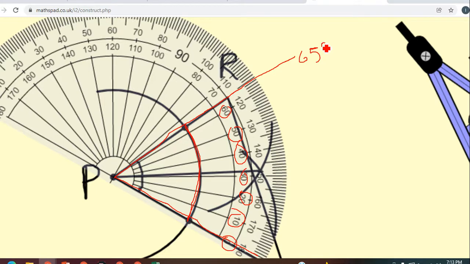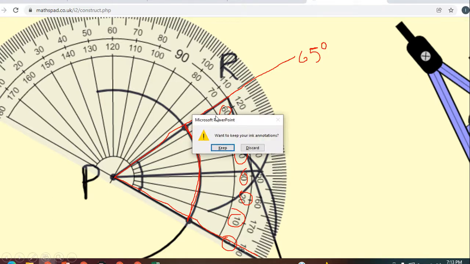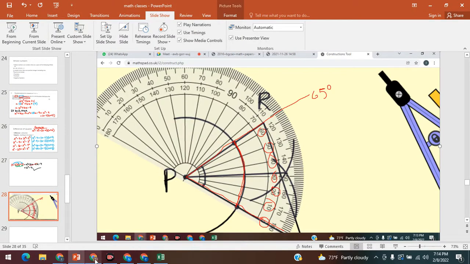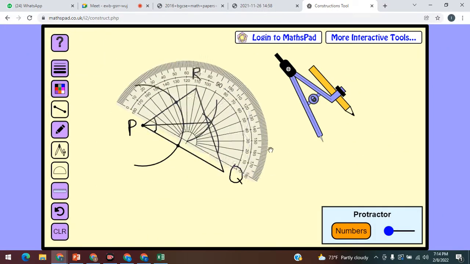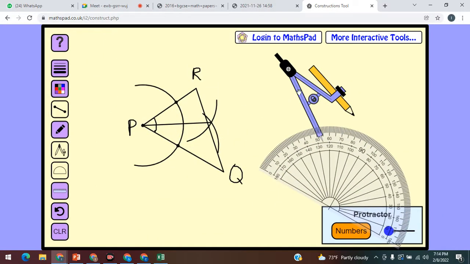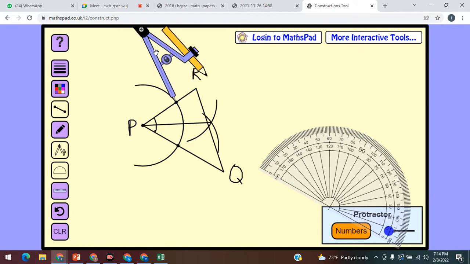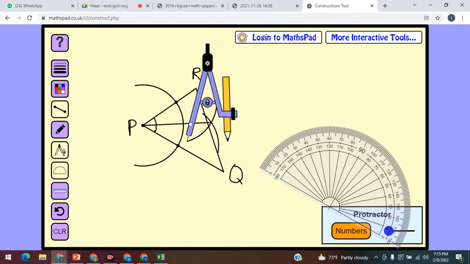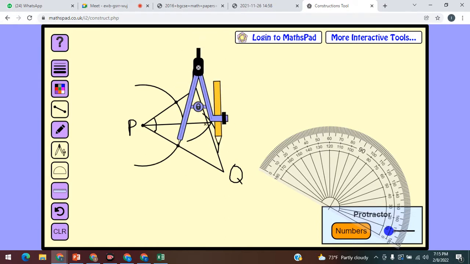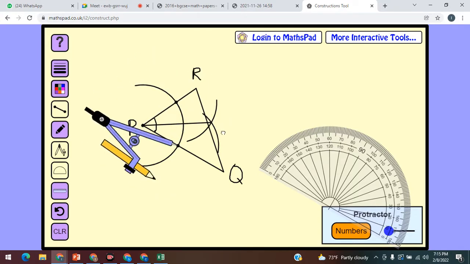Quick question. Which line did you line your protractor up with when you laid it down? Okay, let's go back. What I did was I took this compass and put it here and drew the arc, and took the compass here and drew the arc.